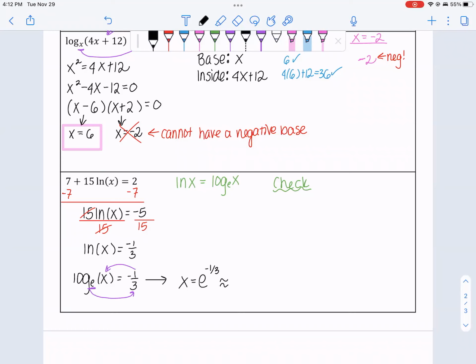So this thing right here is approximately 0.7165-ish. That's a positive number. So when I plug that into x, it's going to be positive.